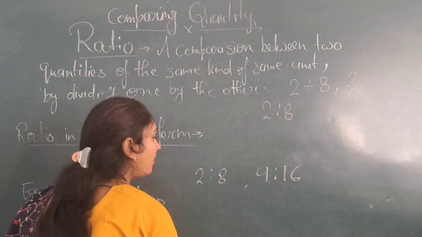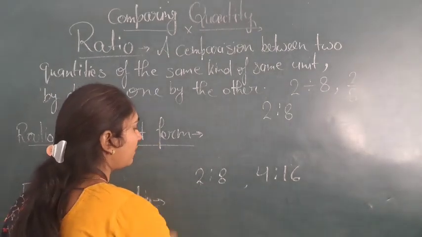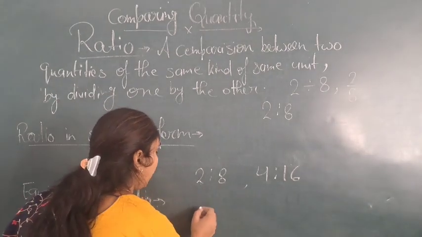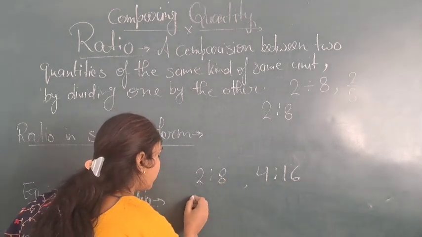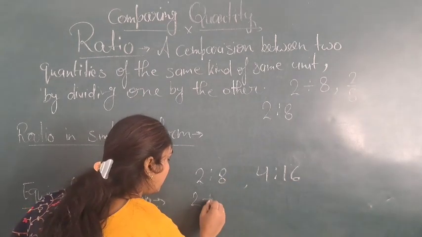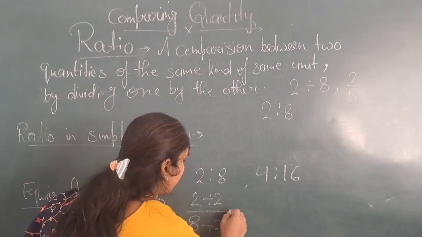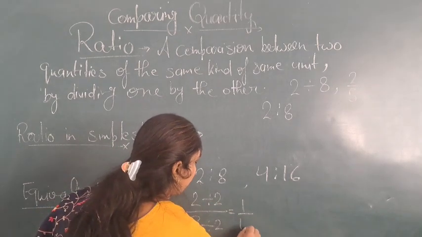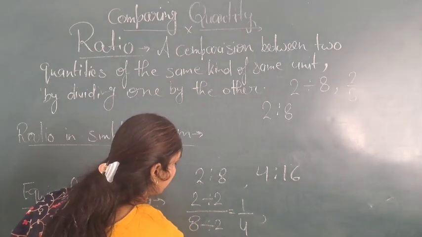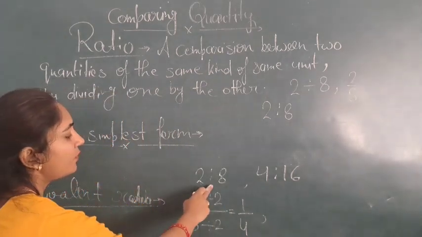The simplest form of 2:8: the HCF of 2 and 8 is 2. So we will divide 2 by 2 and 8 also by 2, giving 1 and 4, so 1:4 is the simplest form of 2:8.